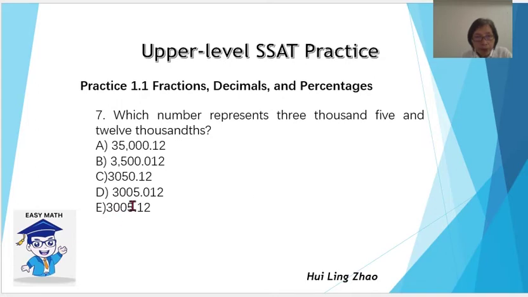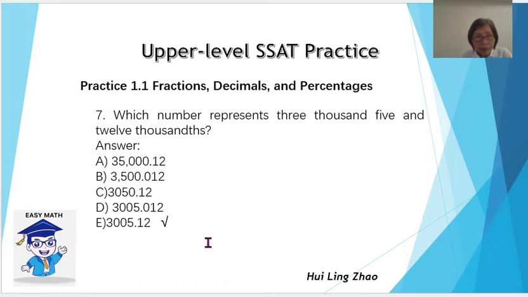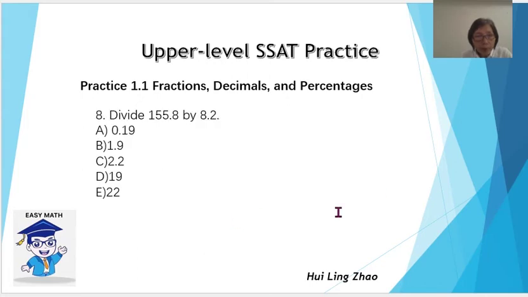So the answer should be D and E. But here the 12 is in the ten-thousandths, so that means 2 decimal places, 0.12, right? So the answer is E, right? It's E. Okay?